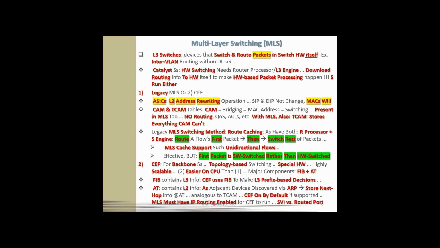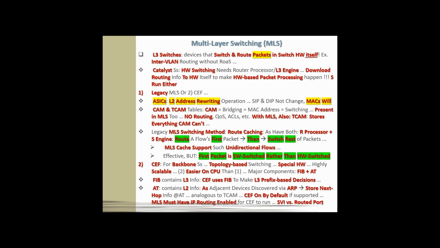This is in addition to the normal switching table, the CAM table that we have here with MLS as well as with ordinary layer 2 switches. Now we want to see the heart of legacy MLS scenarios, that is the specific switching method for it called route caching. And then we want to compare that with the CEF scenarios.